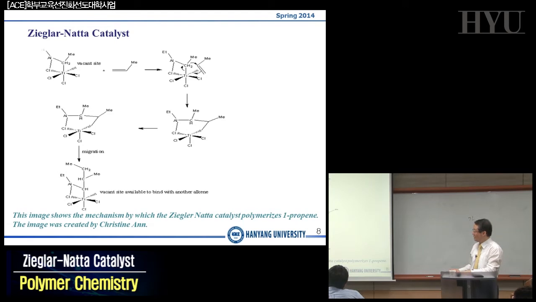And I took this slide from the textbook, and you can see almost the same words, such as migration and so on, in the textbook as well.